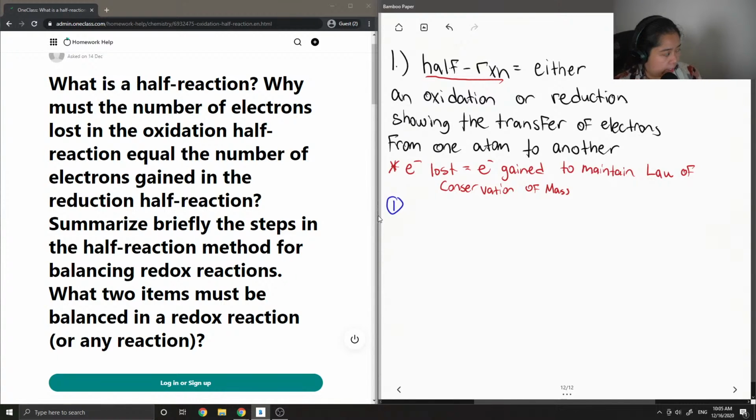So let's say we had an example. I'll write the example first.